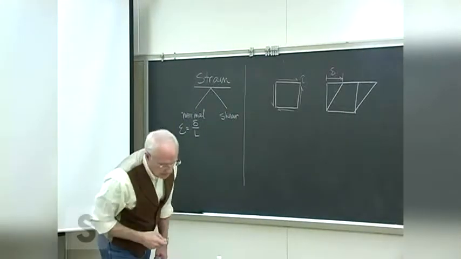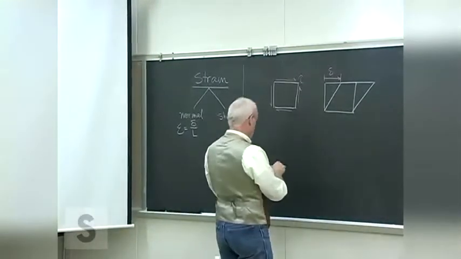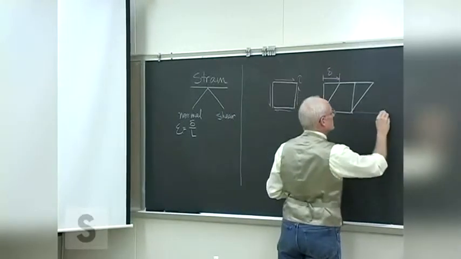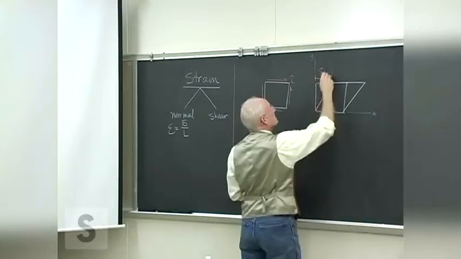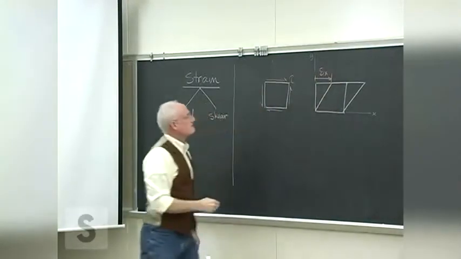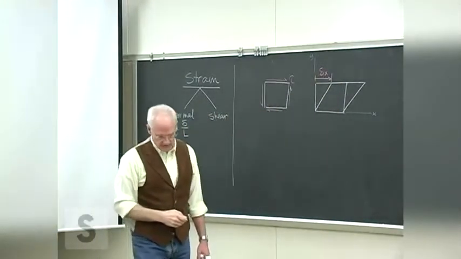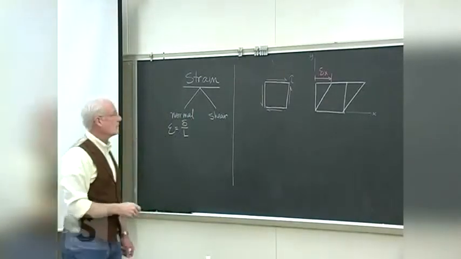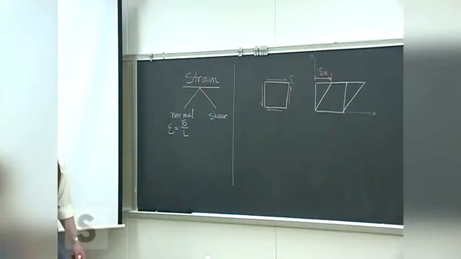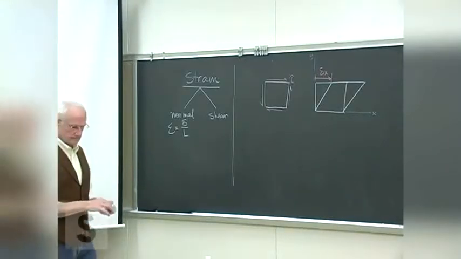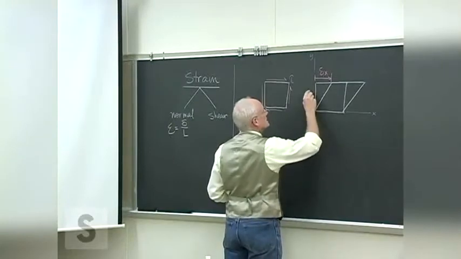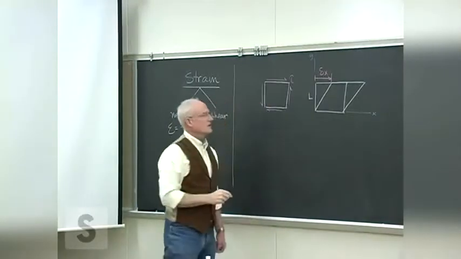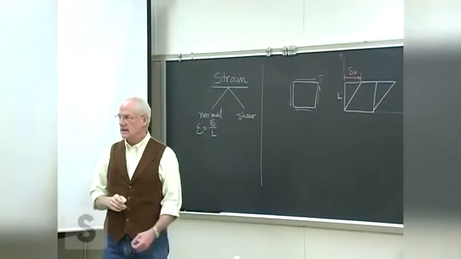That was fairly useful. If we had coordinate directions on this, which we often do in these pieces, we would call this then del x, possibly, just to highlight the fact that there are going to be other strains in other directions. And that, as shouldn't be a surprise, is also some function of the original length.